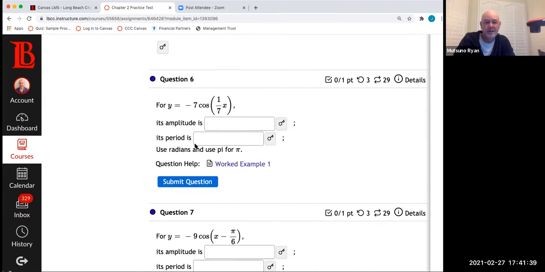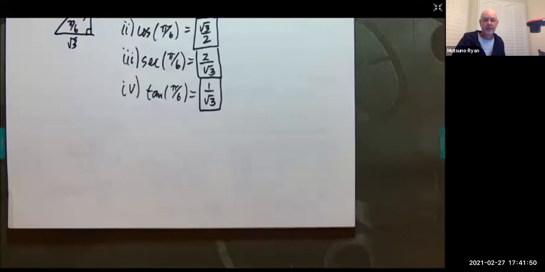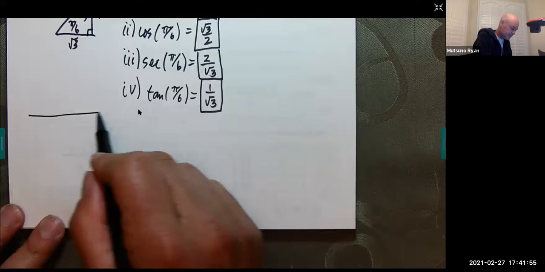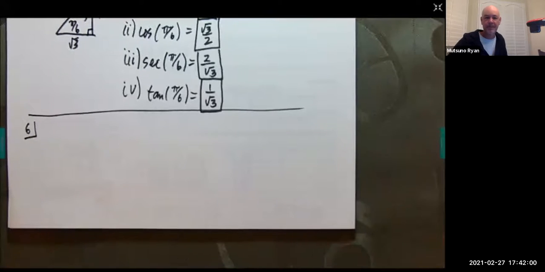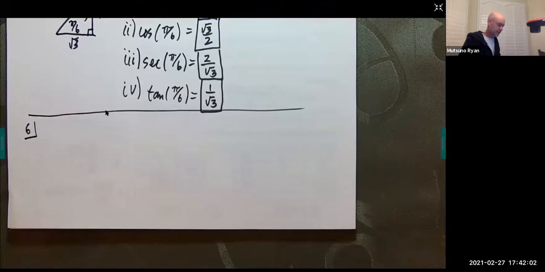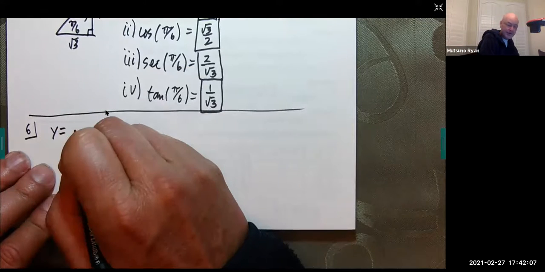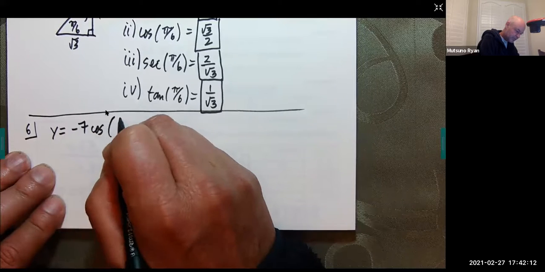All right, so next up we have this one here, and I'm going to switch back screens so I can write this out. So here we are at question 6. All right, so we have y equals -7 cosine 1/7x.